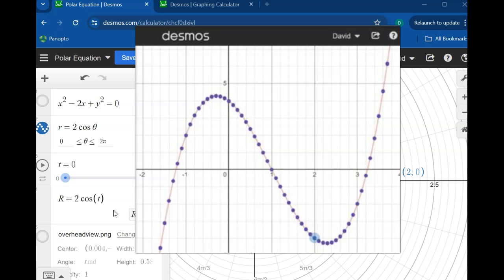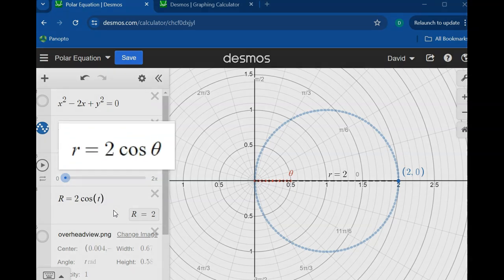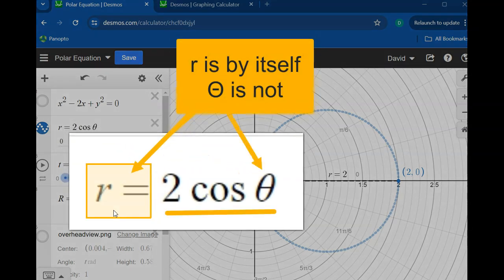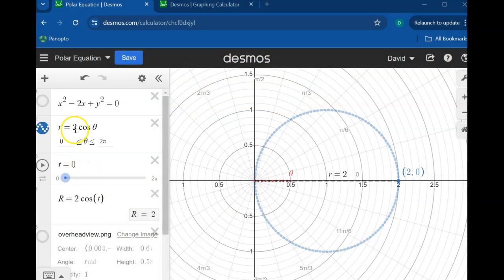That's what we saw in the previous visual. But with a polar equation, we typically isolate r. R is like the distance from the origin we are. And that makes r a function of theta. So we define an angle, a rotation off of that positive x-axis. And as we rotate, the distance from the origin changes based on that rotation.